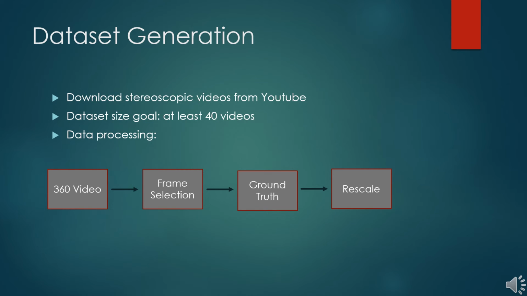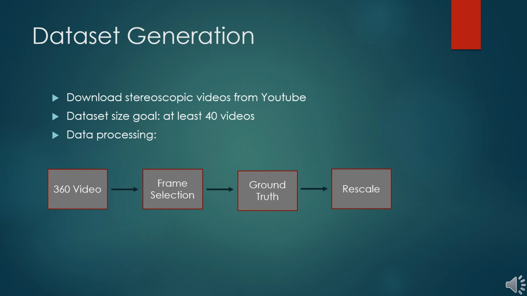Then the videos will be processed following this pipeline. First, we will manually select several frames from the video so that the content is diverse enough. Then we will separate the left and the right image for each frame to create the ground truth for the training.